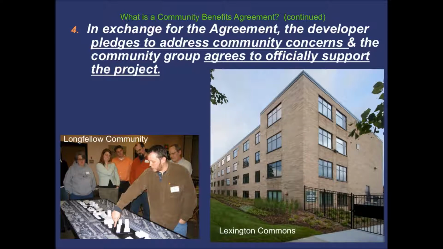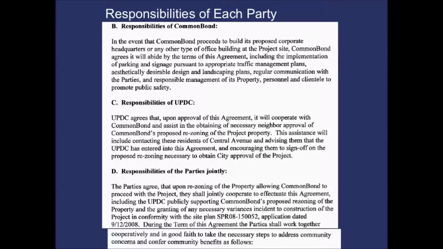The Longfellow community example we're about to get into, so I won't go into that right now. Okay, so responsibilities of each party. Again, like any good legal contract, a CBA is going to lay out what the expectations and responsibilities are of the parties.